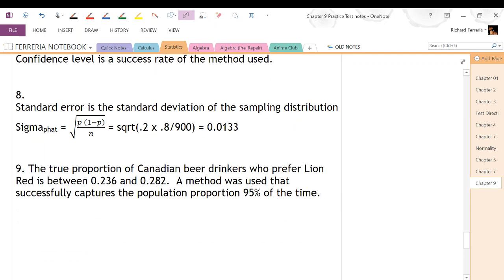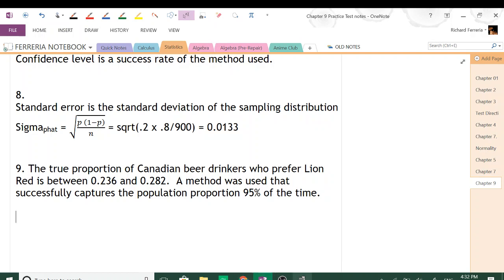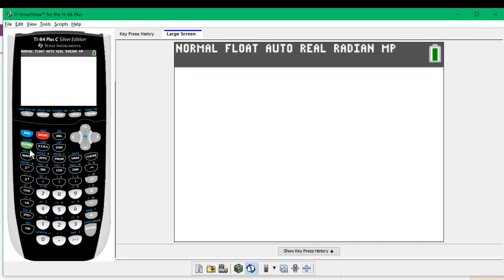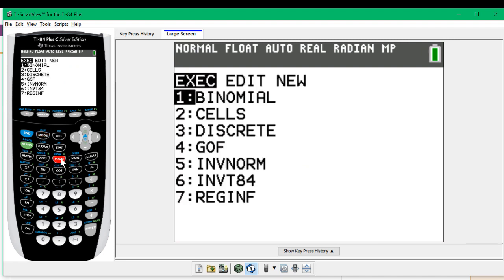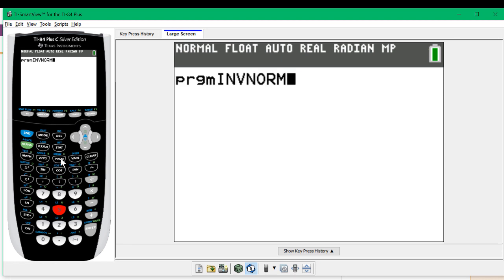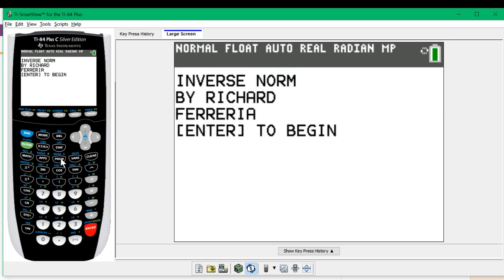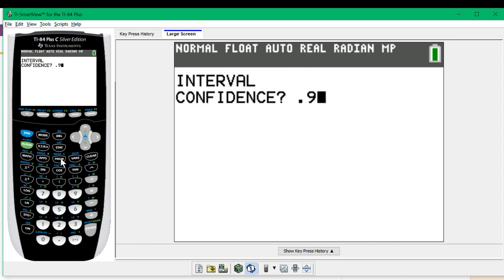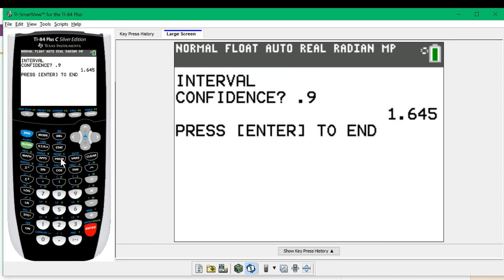Okay, 10. Z star for a 70% confidence interval. That's ridiculously easy if you're using the program. We want an interval, confidence of 0.9, 1.645.